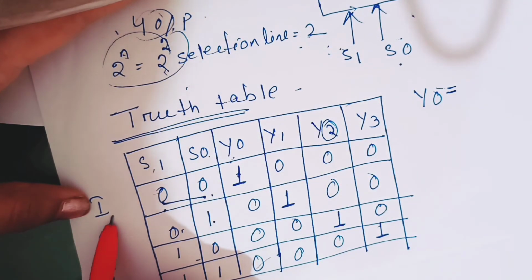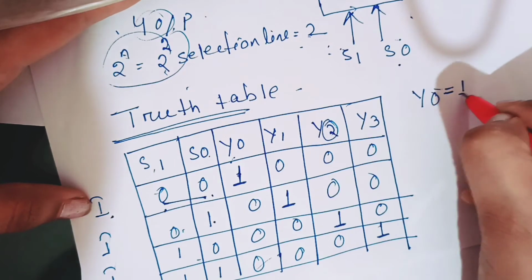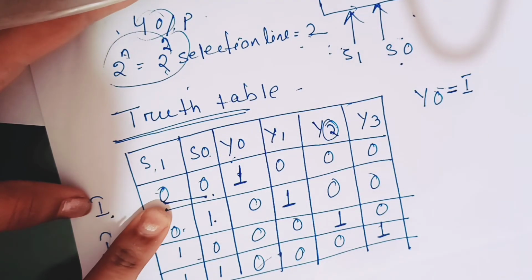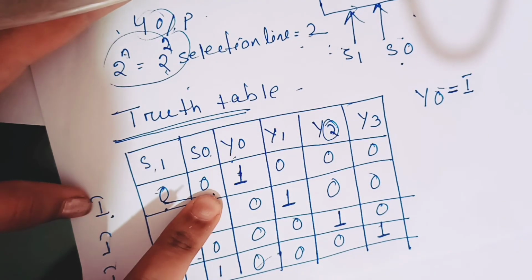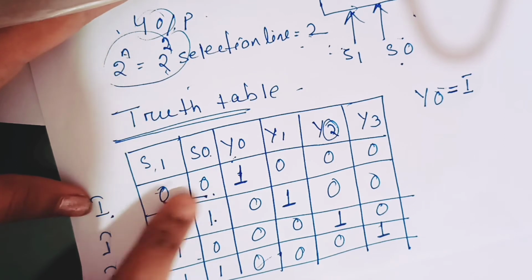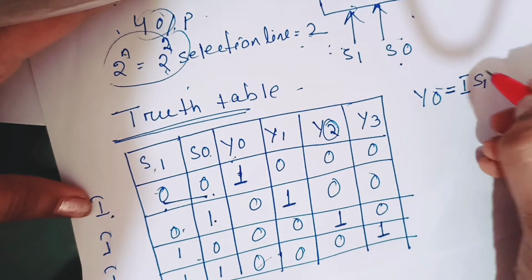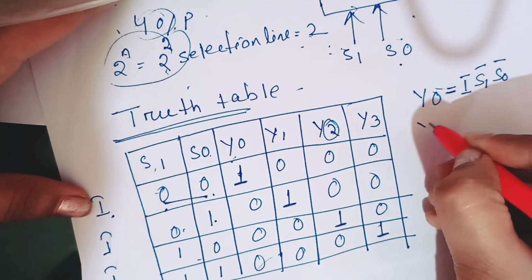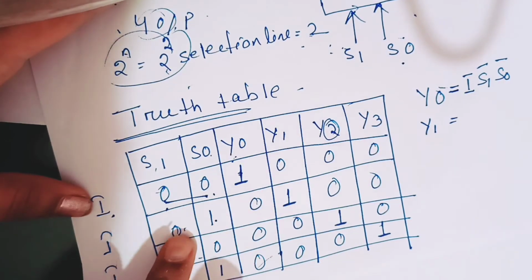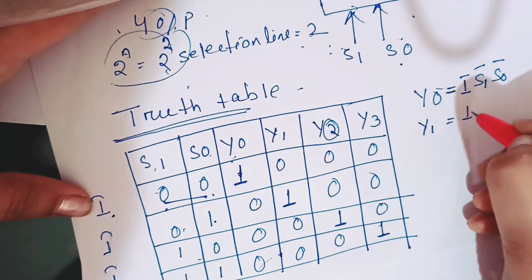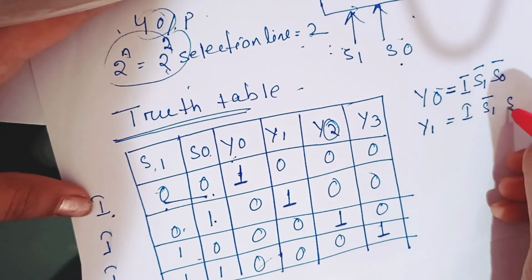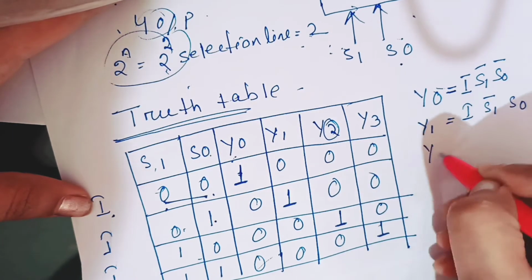I is always present. S1 here is in complement form and S0 is in complement form, as its value is 0. So 0 0: I S1 bar S0 bar. Then your Y1 is equal to 0 1: I S1 bar S0.